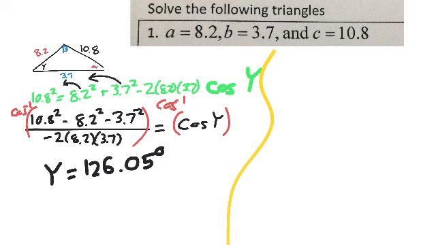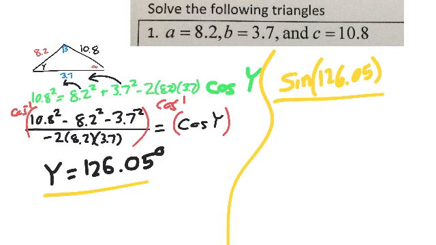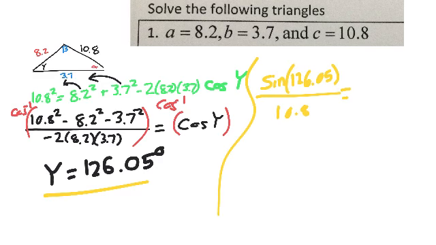To find alpha, I'm going to now use the law of sines because I now have a pivot ratio. I know gamma and c. So I could say sine of gamma, which is 126.05, over c, which is 10.8, has to equal, and then again I'm looking for alpha, sine of alpha over 8.2.